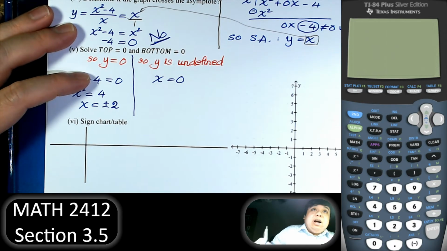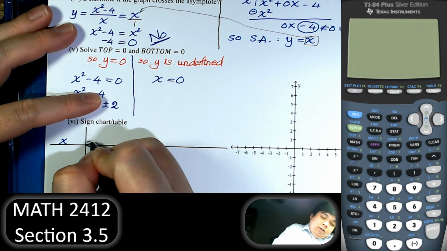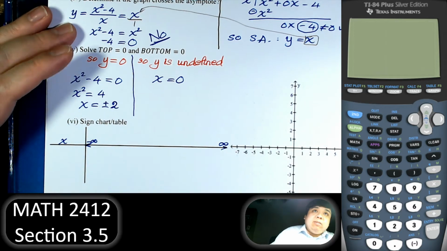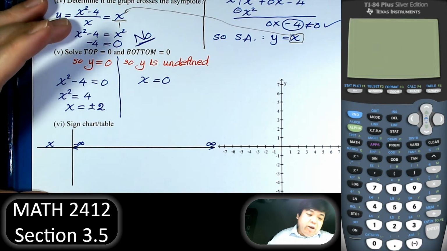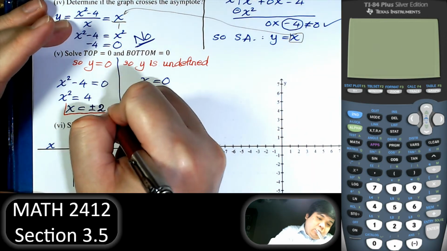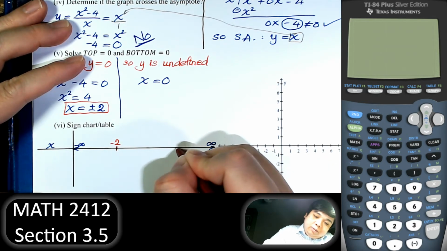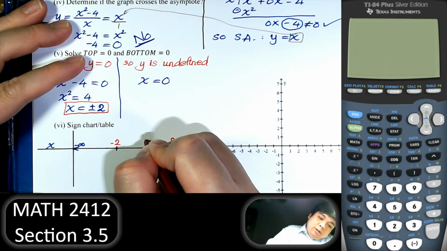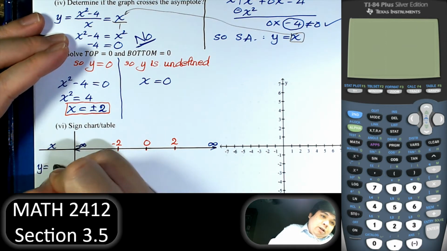Here, first we have x values on the number line. The special values here are 2 and negative 2, and then we have 0, for the function x squared minus 4 over x.